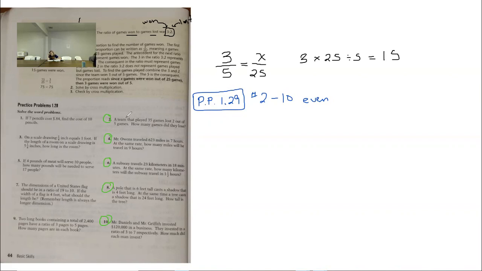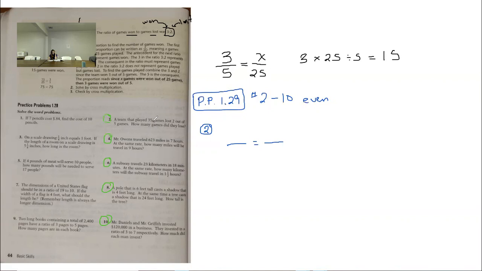All right, a team that played 35 games lost 2 out of 5 games. How many games did they lose? So we already know, starting out, it's gonna be a proportion. Okay, we kind of already get that. What 2 numbers do we know are gonna go together first? 35.